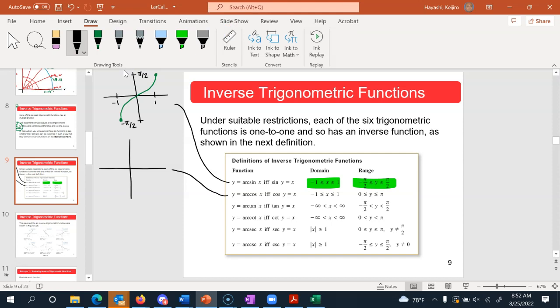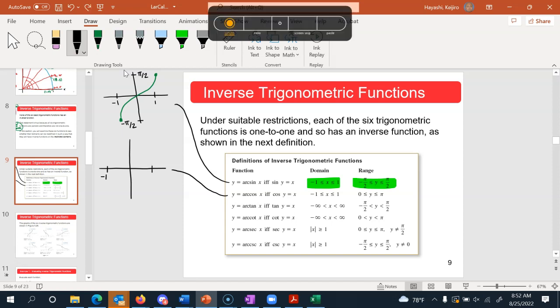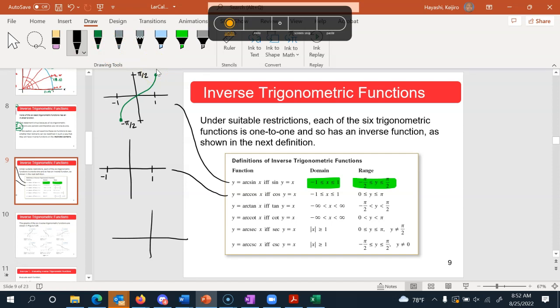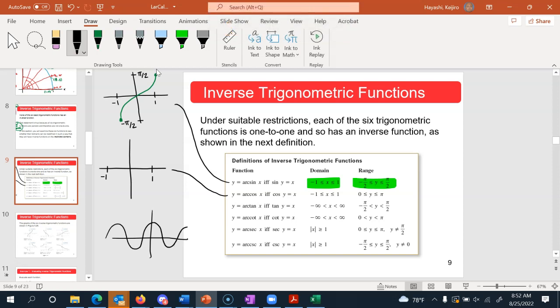Our cosine is also going to have the same domain, right? Because the cosine function also goes from -1 to 1. But the part that it's going to be restricted to, and you don't have to draw this, but this is what the cosine function looks like. It looks kind of like the sine function, except instead of passing through the origin, it is symmetrical about the y-axis. So it looks like that. And so, of course, we can't cut it down to the same domain.